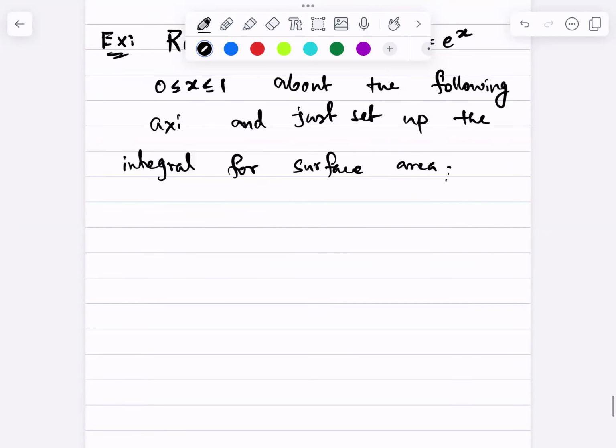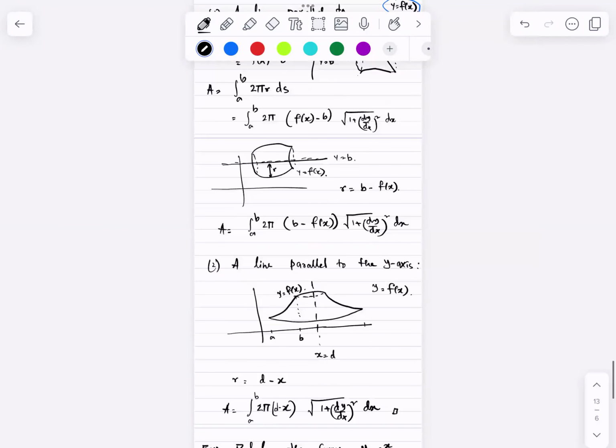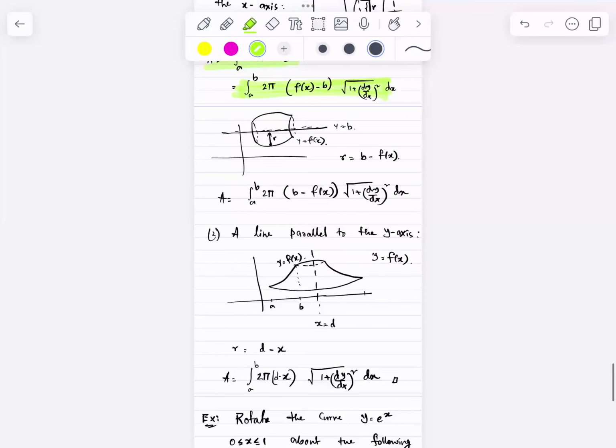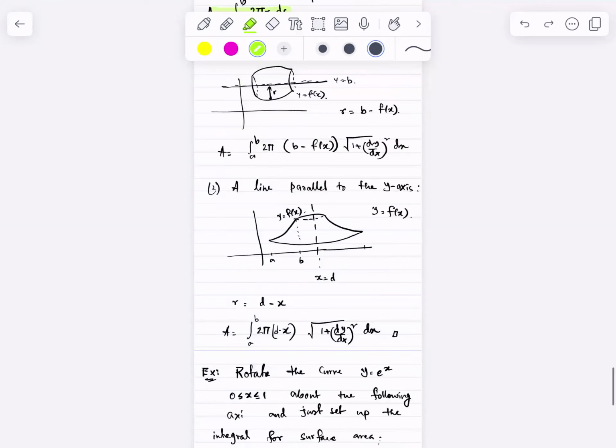The axis is y equal to -2, and in the second case, the axis is x equal to 2. So basically you have to use these two formulas and that formula, and just set it up.